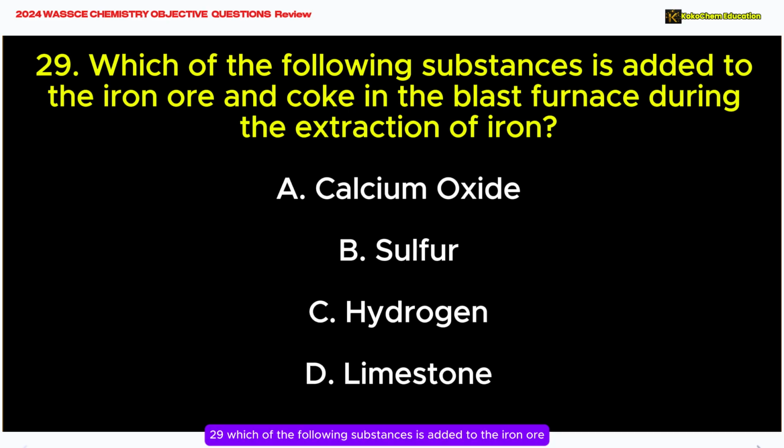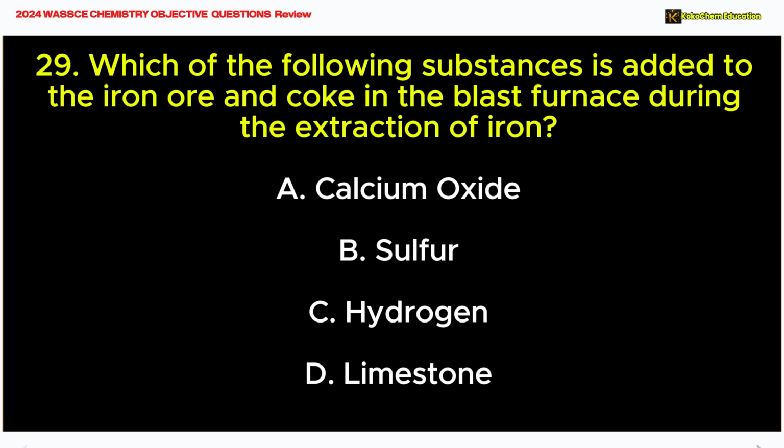29. Which of the following substances is added to the iron ore and coke in the blast furnace during the extraction of iron? A. Calcium oxide. B. Sulfur. C. Hydrogen.